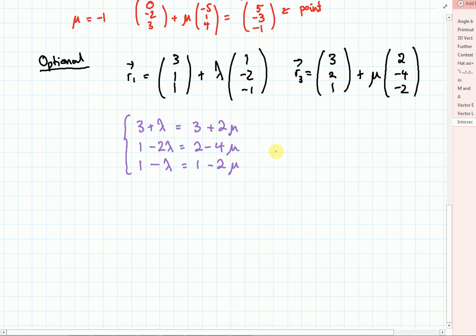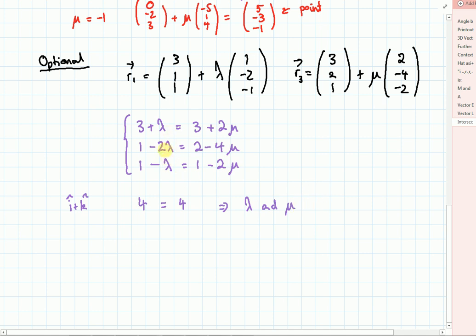Let's see what happens if we try combining equations. So let's add i to k. We get 4 with no lambdas equals 4. So that's eliminated both lambda and mu at the same time. That indicates that the lines are going to be parallel and possibly equal.